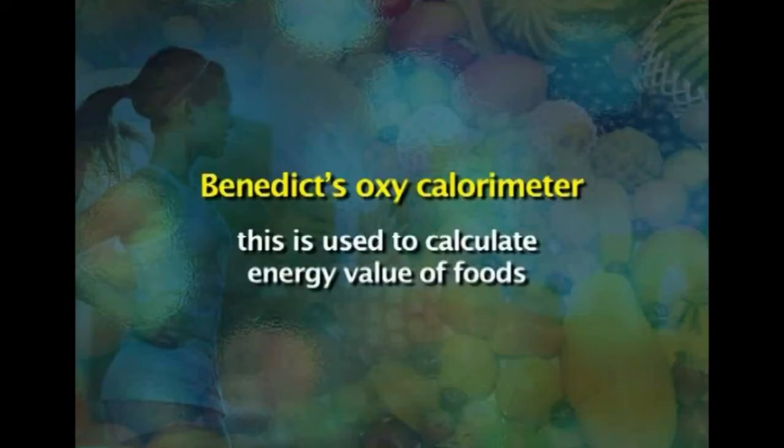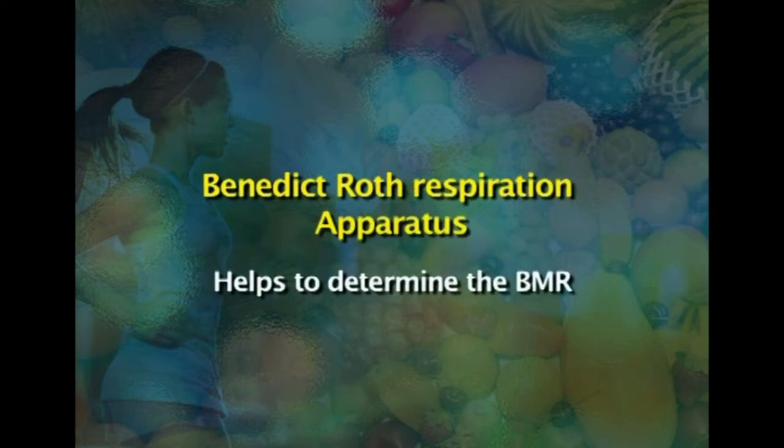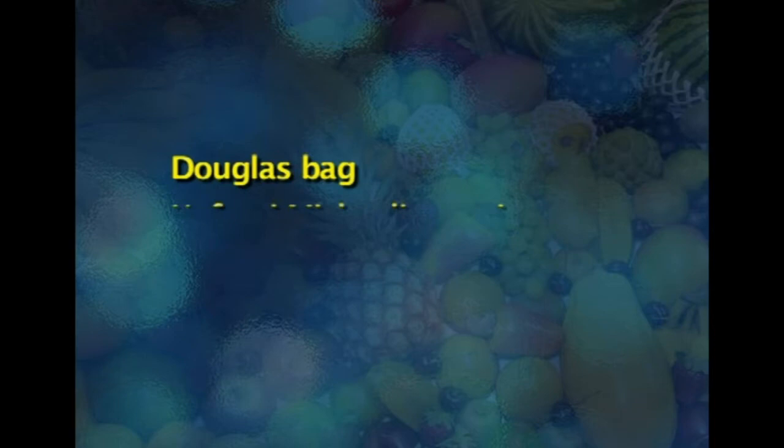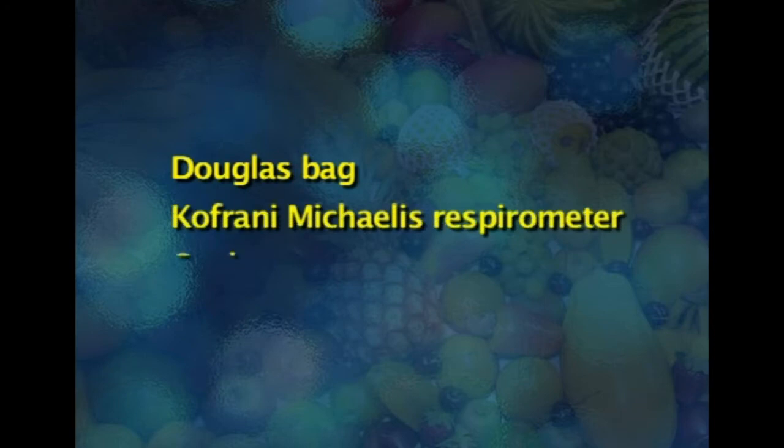In indirect calorimetry, we do not take into account the rise in temperature or the energy released. It is predominantly the ratio of oxygen utilized and the carbon dioxide released. The different methods that are used are Benedict's oxycalorimeter, which is used to calculate the energy value of foods. Benedict-Roth respiration apparatus helps in determining the BMR. The others are Douglas bag, Kofranyi-Michaelis respirometer, Oxylog, Cosmed K2 respirometer.